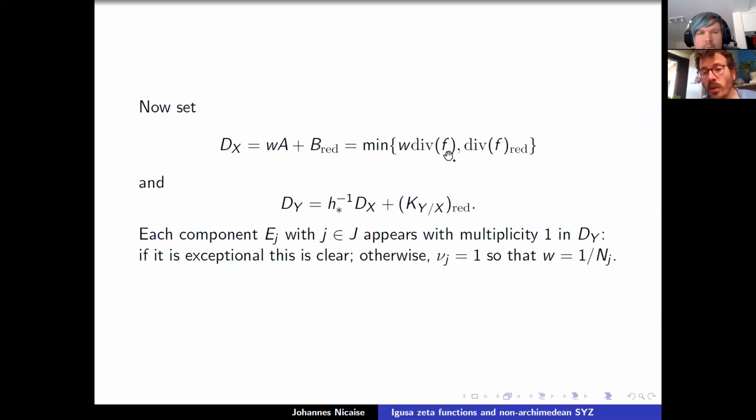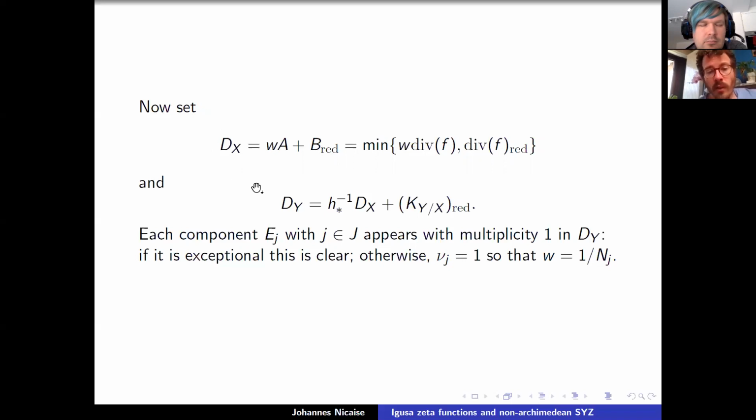So for each component in divisor of F, we check what is smallest, either 1 or w times the multiplicity. And the smallest one we take as a coefficient of that component inside D_X. So this gives us a divisor on X.